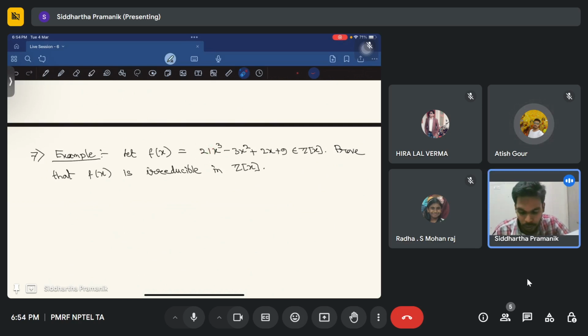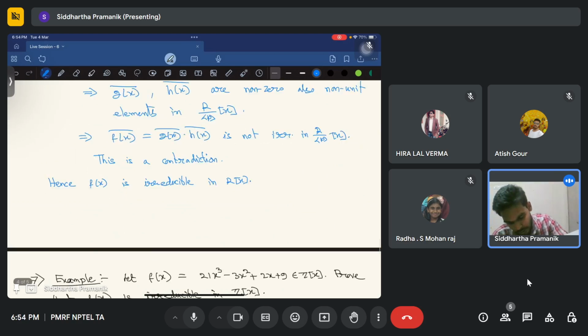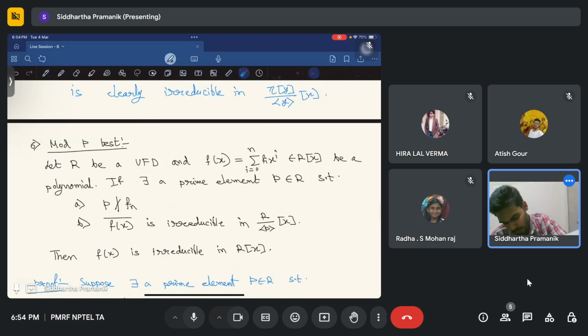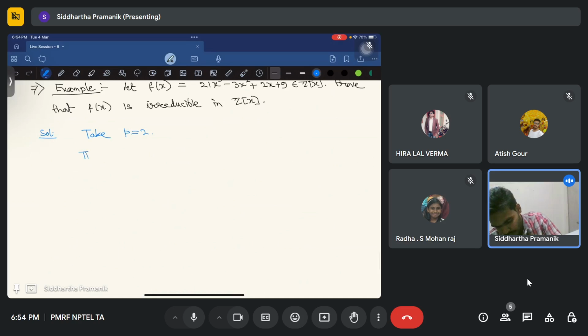So let's try with p equals 2. Let's check the two conditions one by one. So first one, there is nothing to check. So p does not divide 21.